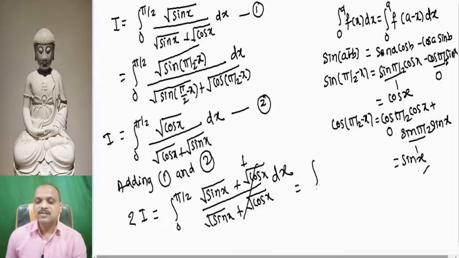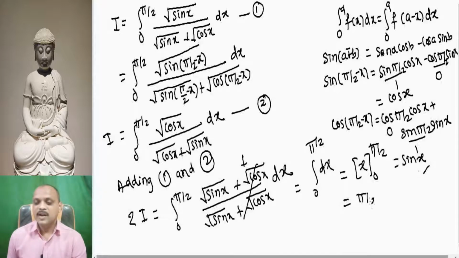So integration of dx between the limits 0 to pi by 2 is pi by 2. This is the value of 2I, so I is equal to pi divided by 4.